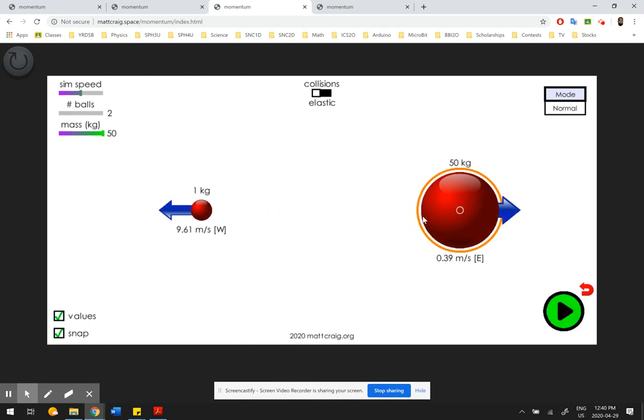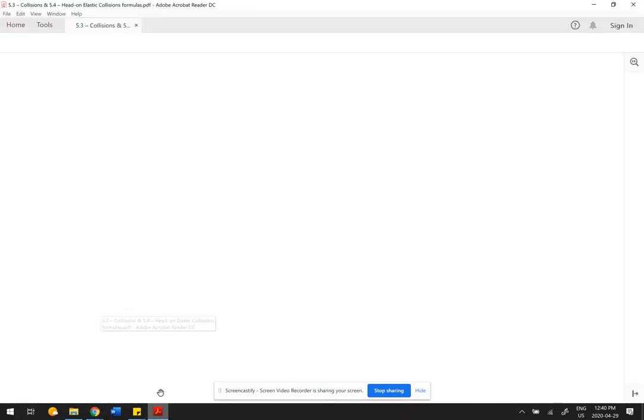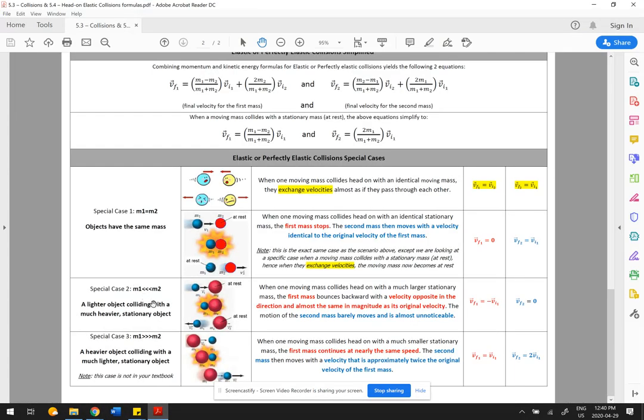And object B is still moving, but it's moving very, very slow. Now, in reality, for this case to occur, we're talking about mass 2 being a lot larger. So this would be like a tennis ball hitting a big truck, and the tennis ball bouncing off of the truck and the truck barely moving.